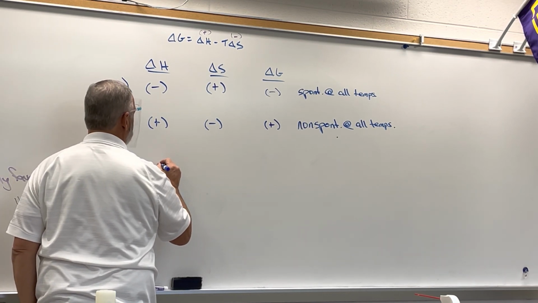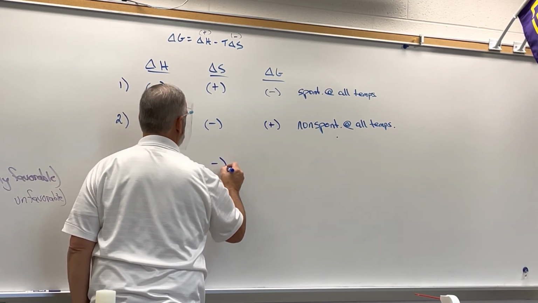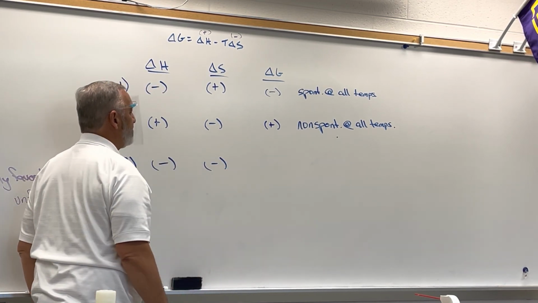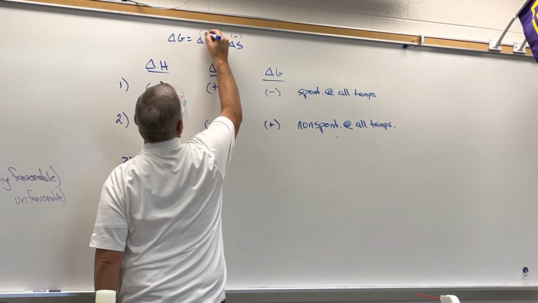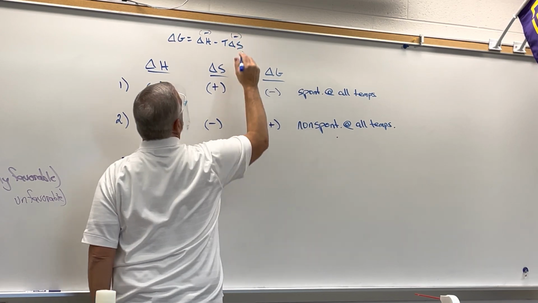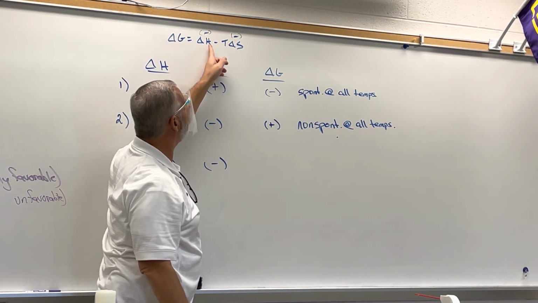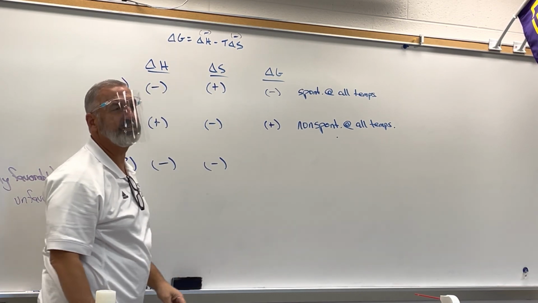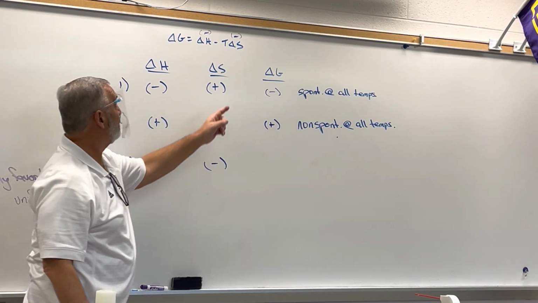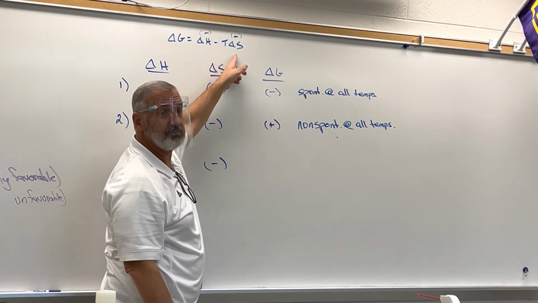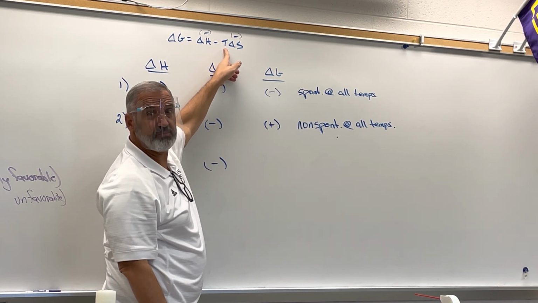What if it's an exothermic reaction, but the entropy goes down? Negative and a negative. So now I have a negative up here and a negative. So it's minus a minus, so it's a minus and a plus. What's going to determine the sign of delta G? It's whichever term is bigger. The only thing that we can change is the temperature.